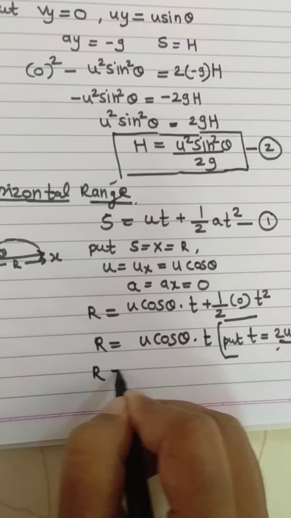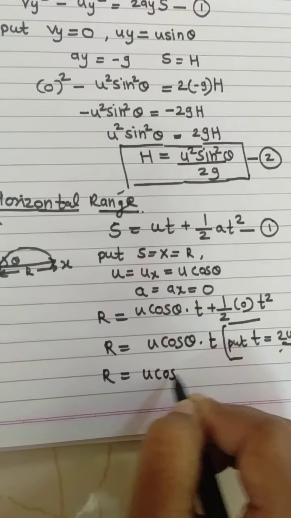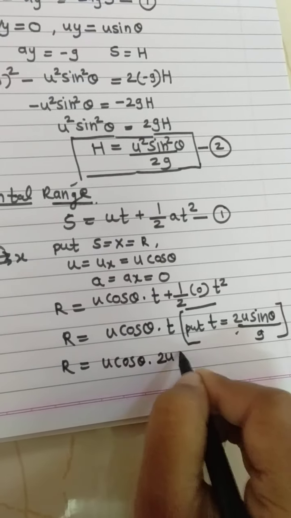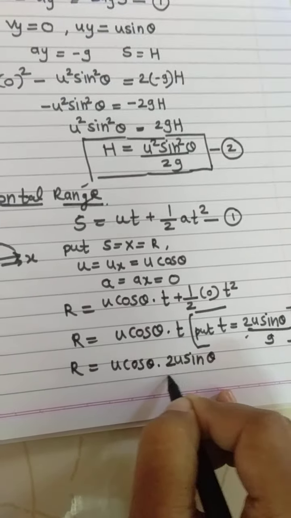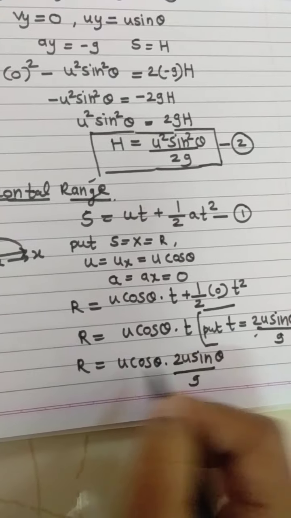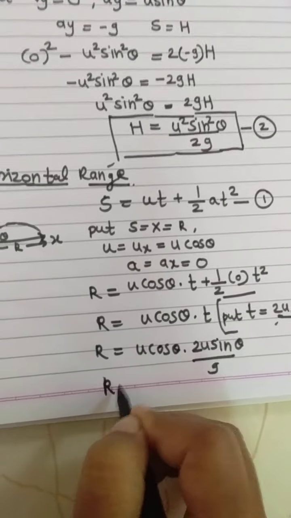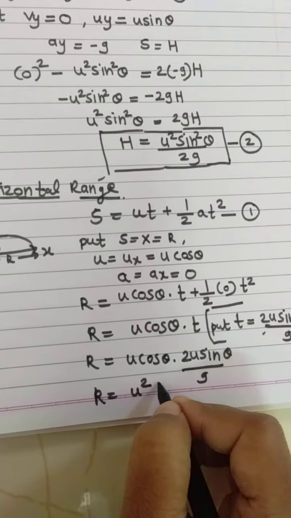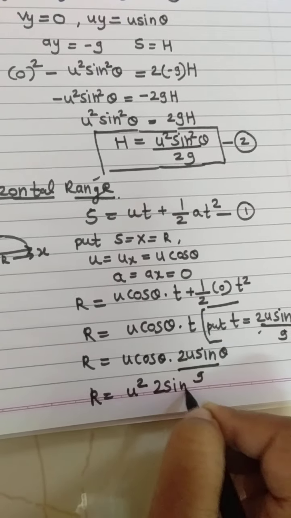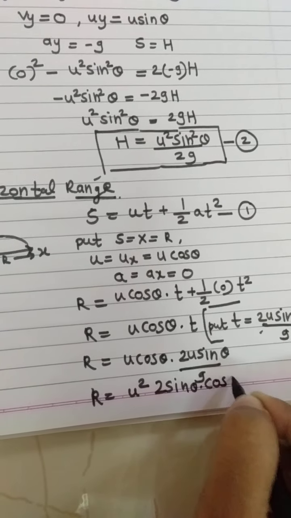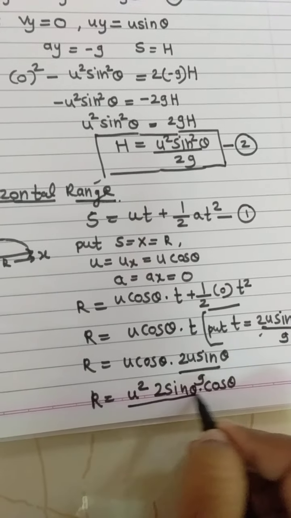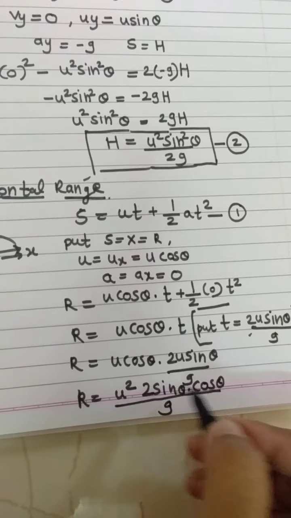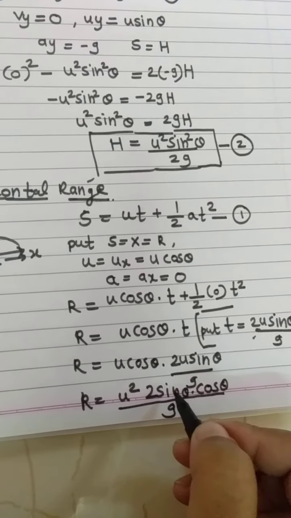R is equal to u cos theta into the value of t, which is 2u sin theta upon g. So u into u gives u square, so we get R is equal to u square, and we can write 2 sin theta into cos theta upon g. 2 sin theta into cos theta is nothing but sin 2 theta.